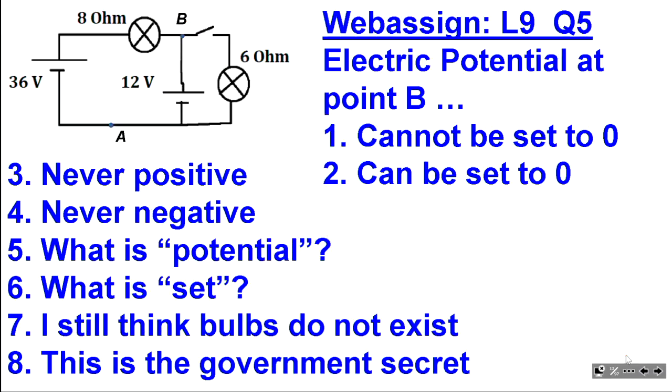Okay, I think that's my last circuit for today. So, question. This is about what we cannot do. Electric potential at point B can or cannot be set to zero?